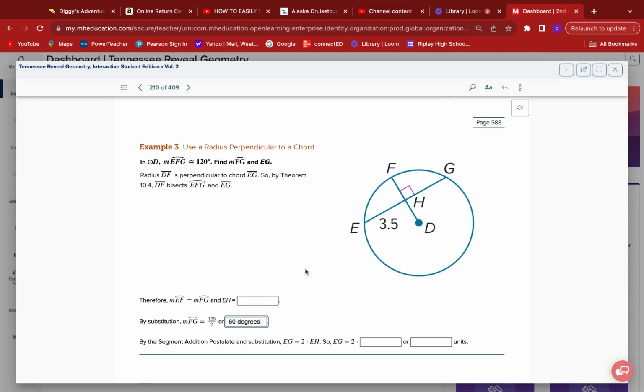Now, because EF's arc and FG's arc are congruent, EH is 3.5. Doing these out of order, my apologies. Which means GH is 3.5. And that means if I multiply 2 times 3.5, I'll end up with the entire EG. Well, 3.5 times 2 is 7. So from E to G is 7 because 3.5 on the left plus 3.5 on the right is 7.